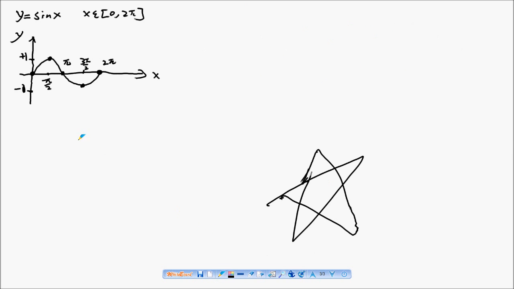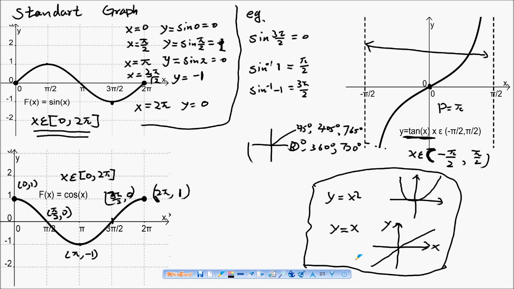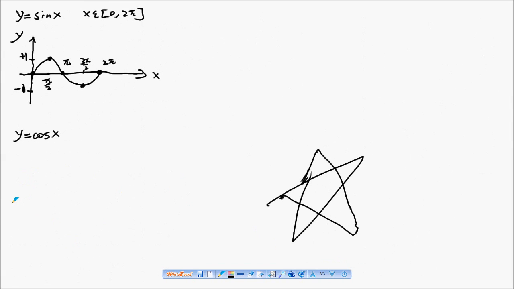Now the standard graph of cosine is cosine x. I just do an example to draw it by hand so no one is confused. So we label our axis.